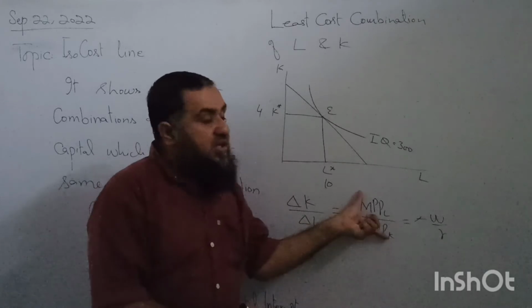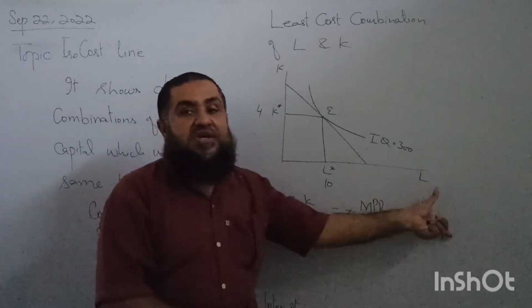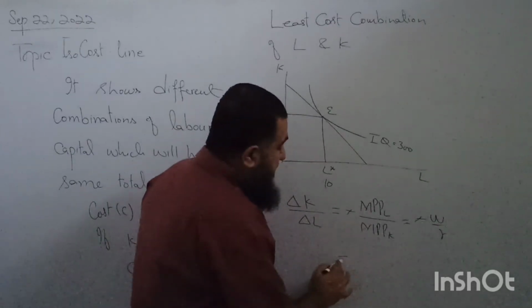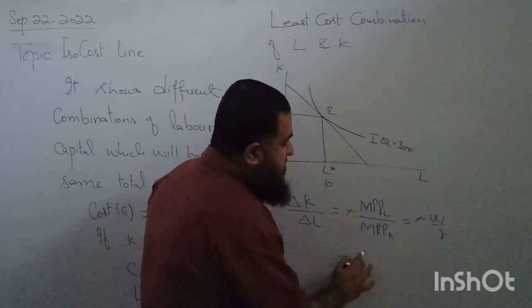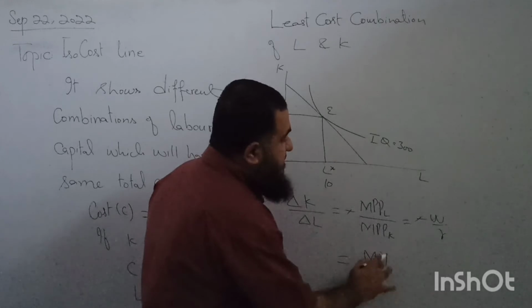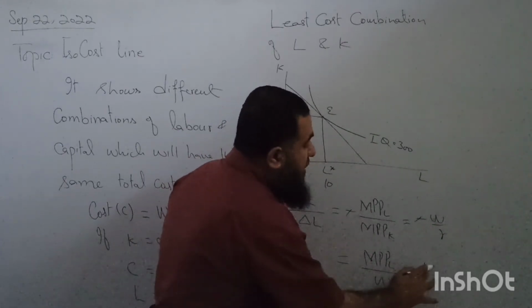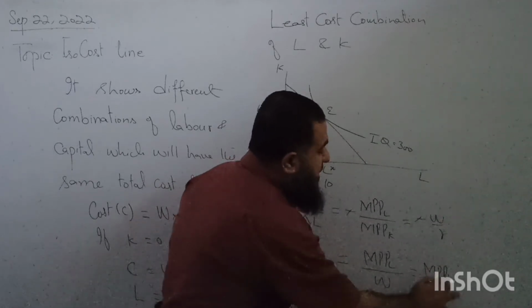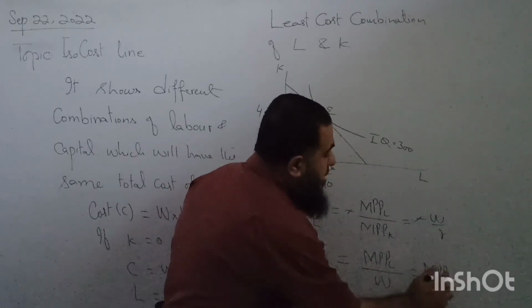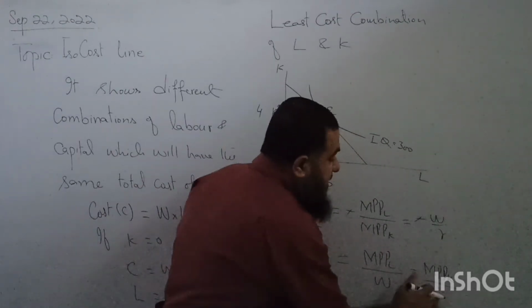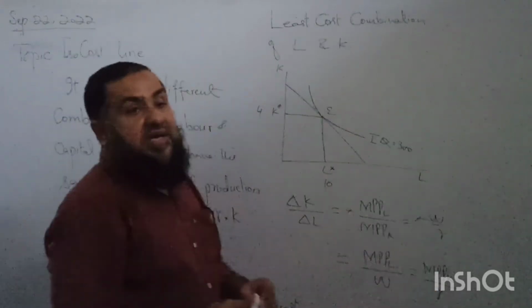So their marginal productivity ratio should equal their price ratio. If I rearrange it or cross multiply it, marginal physical product of labor over wages should equal marginal physical product of capital over the rate of interest.